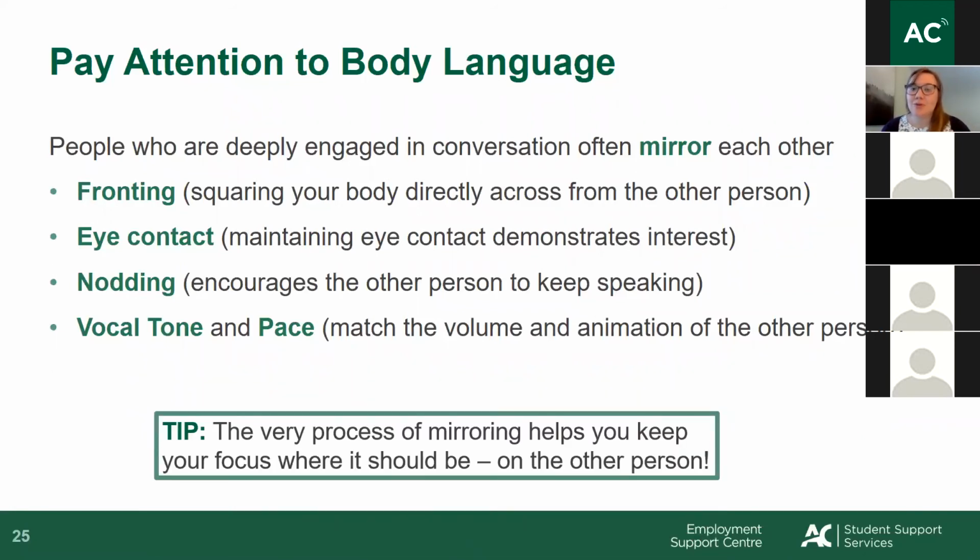But if you aren't there yet in that level of conversation, sometimes starting the process of mirroring ahead of time will help you focus in on the person, which is the whole point of the conversation, and start to make that conversation go deeper because you're already in connection with that person. So mirroring is a good idea to help make that conversation keep going.